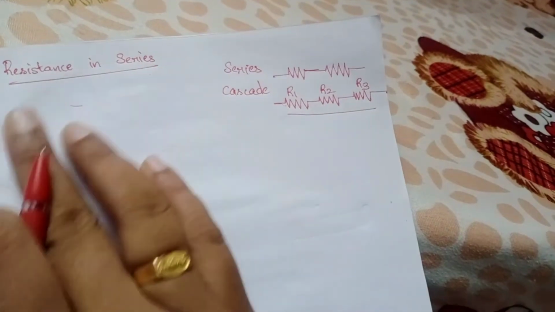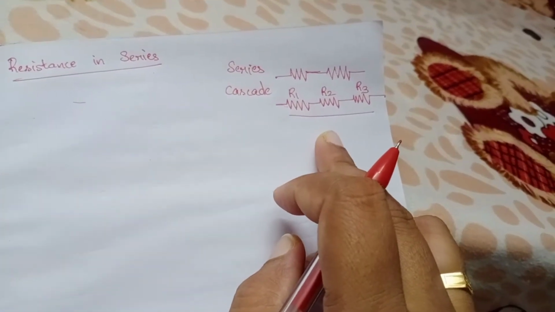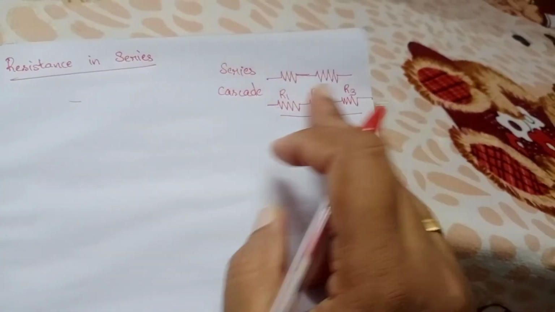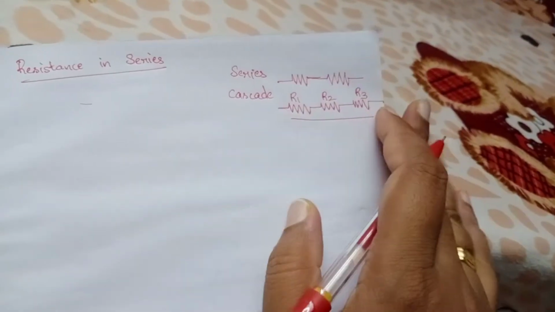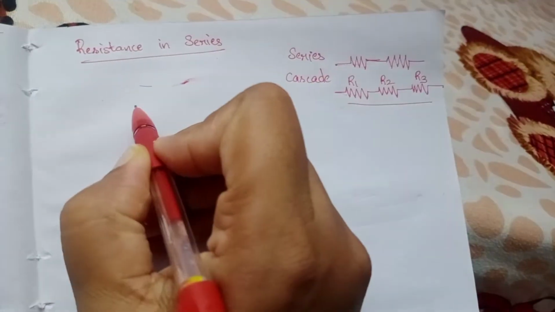Now we are going to find out how voltage and current vary when resistors are connected in series. Let us consider a circuit.